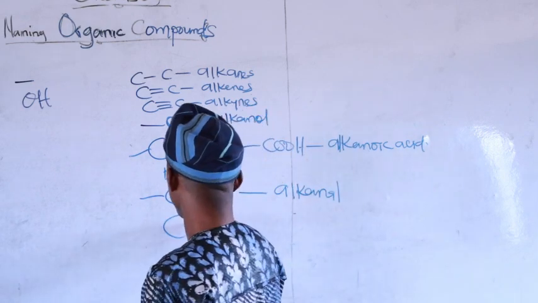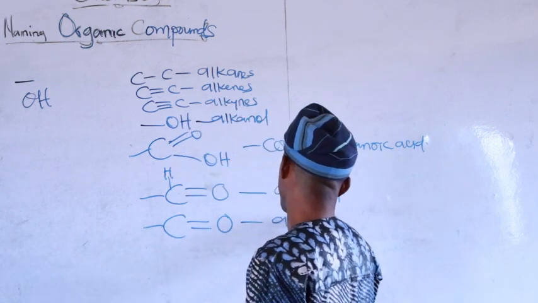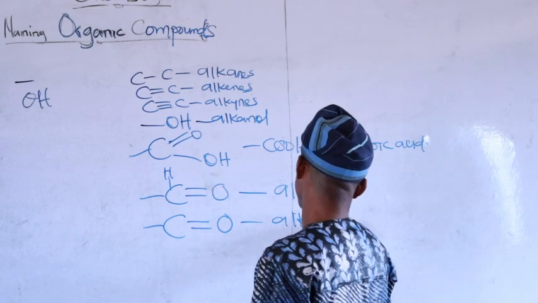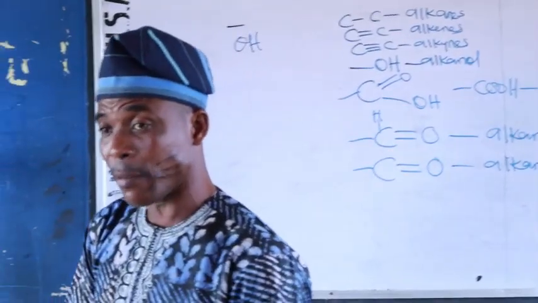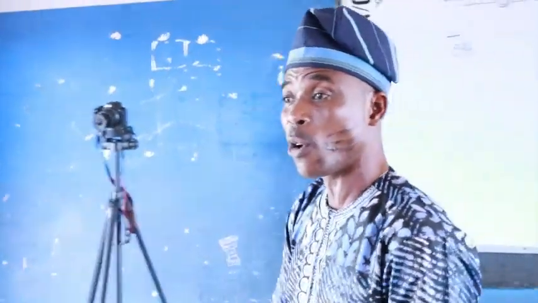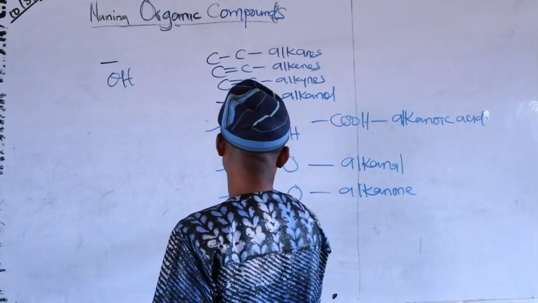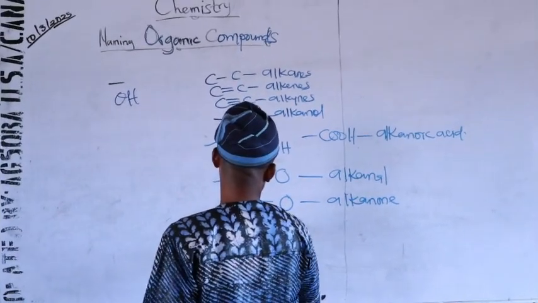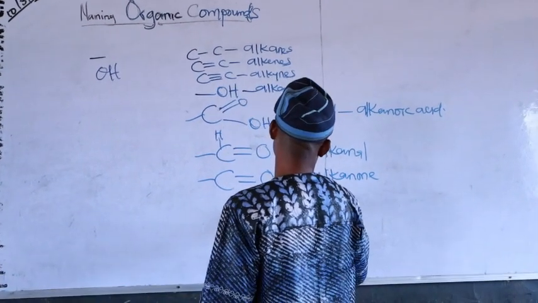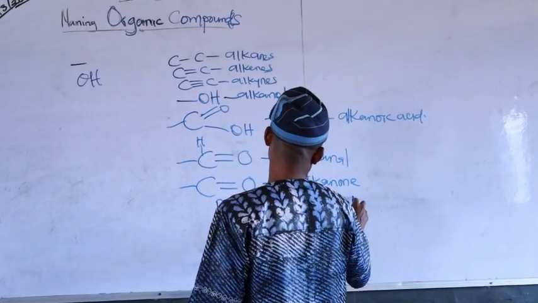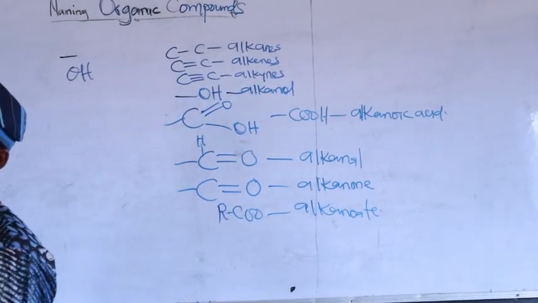But if the carbonyl group has no hydrogen attached to it, it is referred to as alkanone. So if you can identify the functional group, it will be easier for us to name the organic compound. So we have, this is referred to as alkyl halides. And these are the ones we are going to name today.